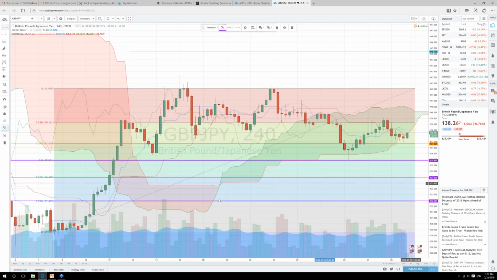So how do we choose which one to target? For example, this is going to be a lot of mixes and matches. If consumer confidence from the British pound comes worse than expected, but Japan does do stimulation, this could be the target.